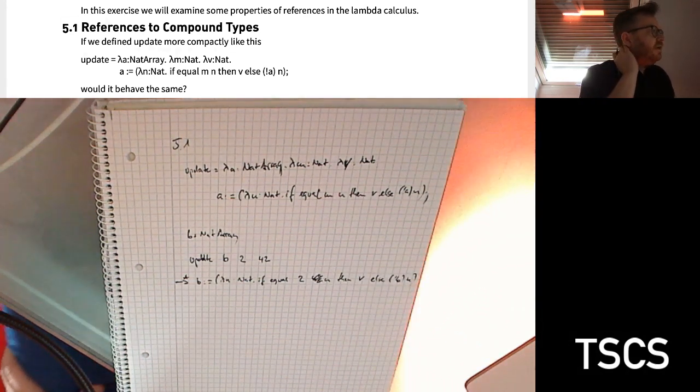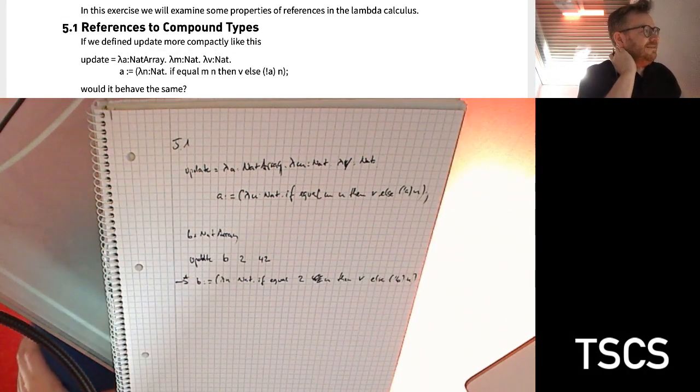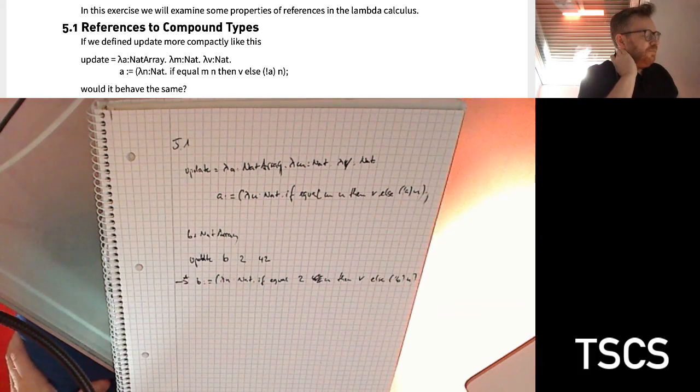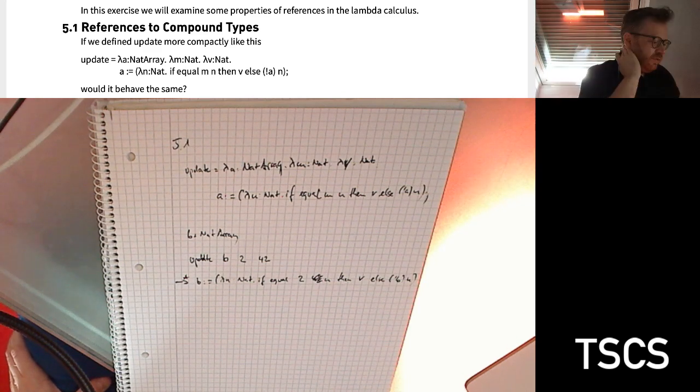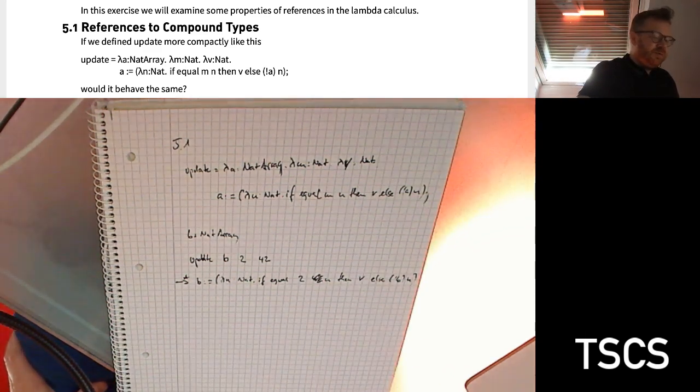Oh, looks fine. Well, this array would be now set to B, and we would be fine.